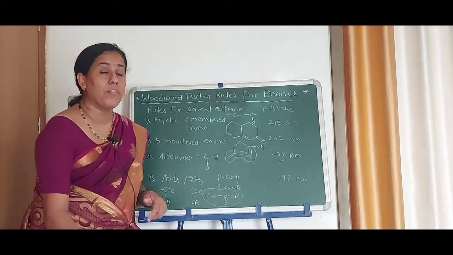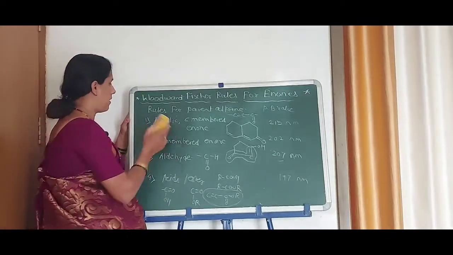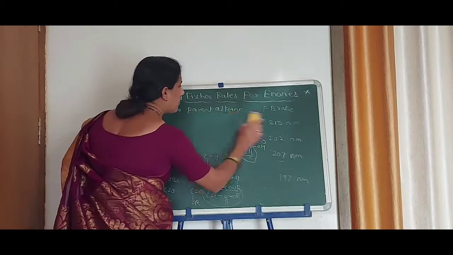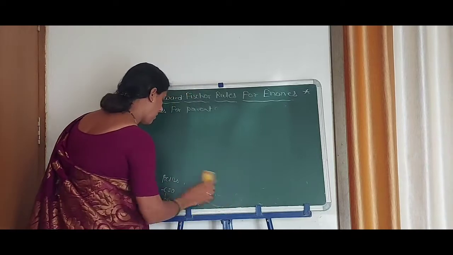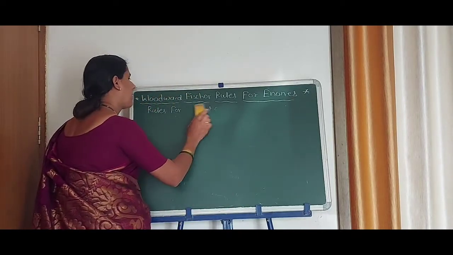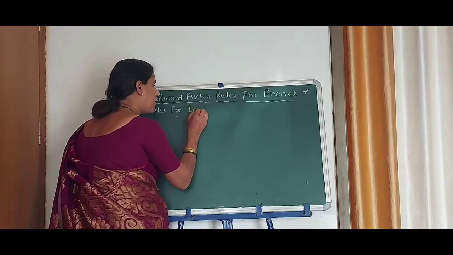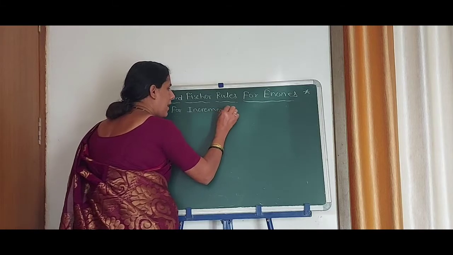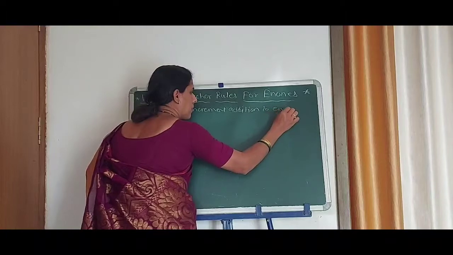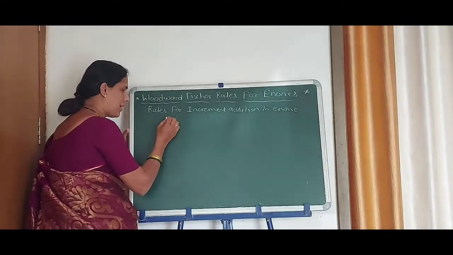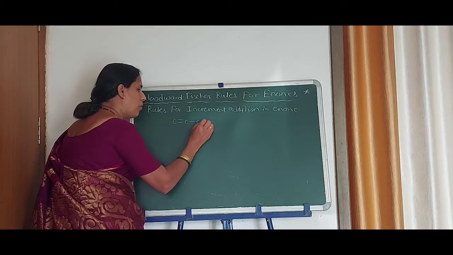Now the increments which are attached to the alpha, beta, gamma and delta positions. Rules for increment addition to enone. First of all, we write the enone structure as C=C, C=O.